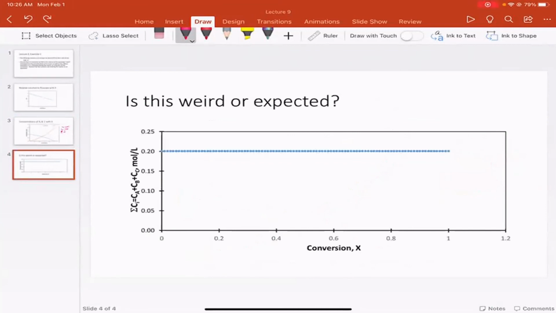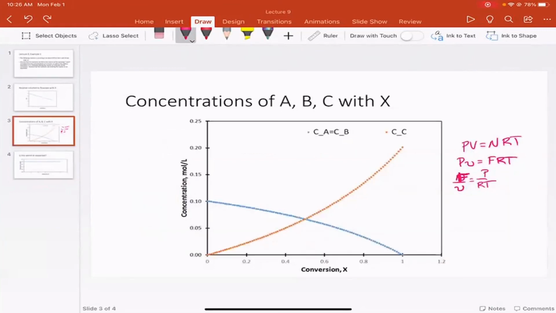That's the y-axis here, the sum of Ca plus Cb plus Cc. And it's always going to be equal to the same number because the temperature and pressure don't change. So that's a really interesting little thing that happened in a gas phase that wouldn't really happen in a liquid phase.